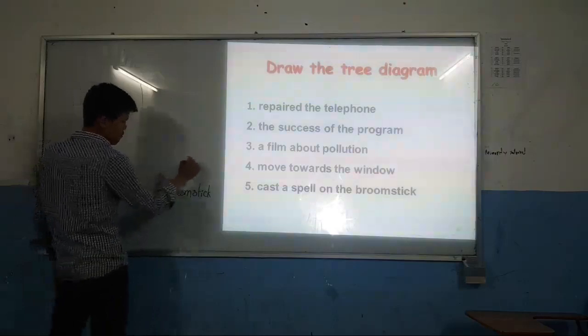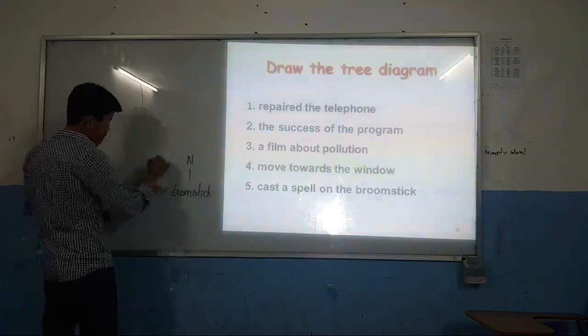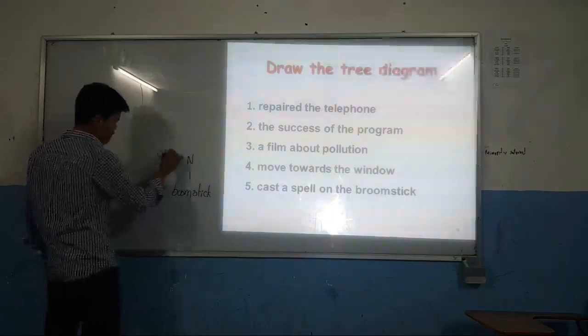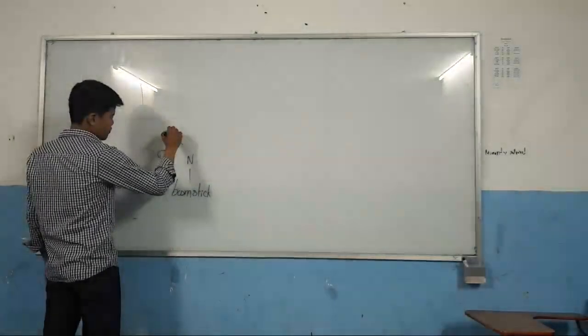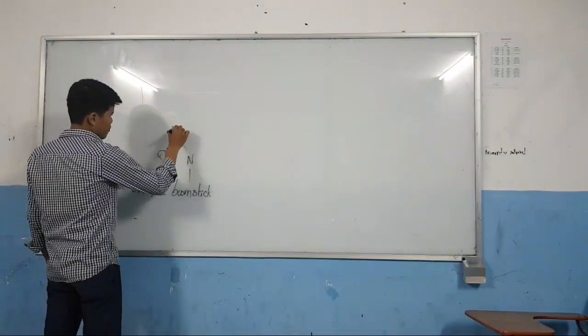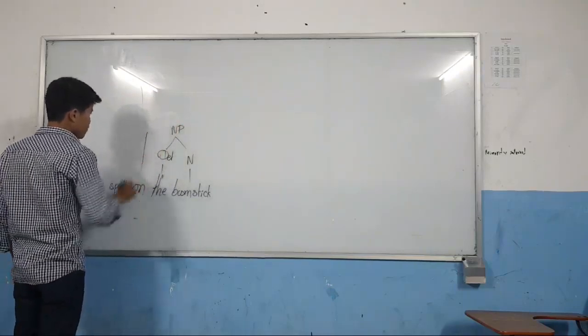When they cast the spell, they just make things happen, and then the mice or the mouse can transform to be the horse or something, for example. That's what we call the broomstick.